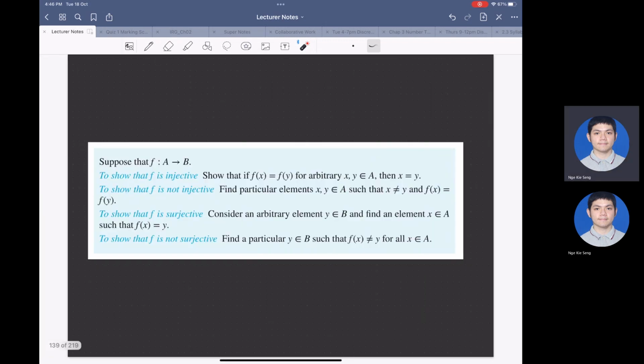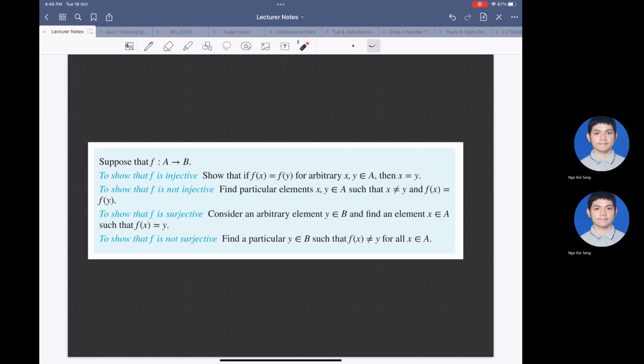And then also to show that something is injective, you need to assume that f(x) equal to f(y) for any x and y. Of course, if x equal to y, then to satisfy the property of a function, they have to be equal. So don't assume that they're not equal, but in the end you need to still show that they are equal.